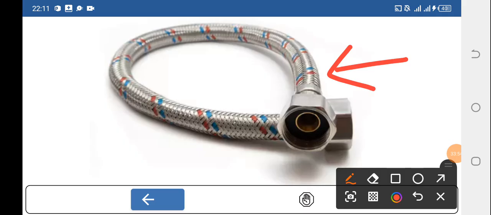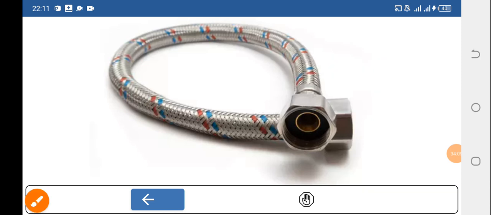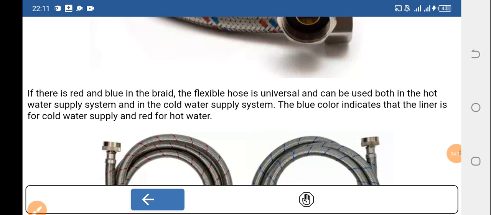When you look at this material, inside there's a rubber, then outside is a flexible metal-like layer, and it can withstand heat and can be used in cold and hot water supply. If there is a red and blue line in the braid, the flexible hose is universal and can be used in both hot and cold water supply.